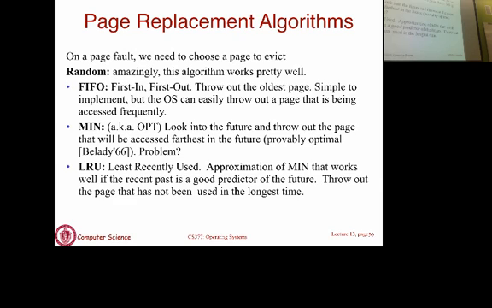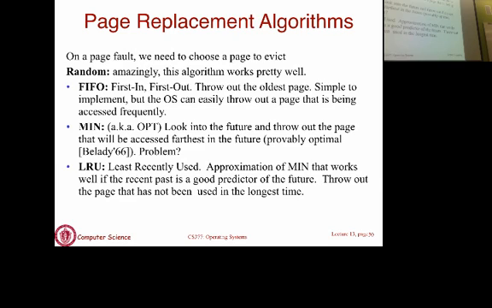You know which pages it's going to access and in what order. So now if you want to throw a page out, you look at the pages you have. When is page 1 going to be accessed next? You look at what time in the future it is going to be accessed. When is page 2 going to be accessed? Among all the pages, you throw one out that's going to be accessed the farthest in the future. Okay? That policy is referred to as the MIN policy.